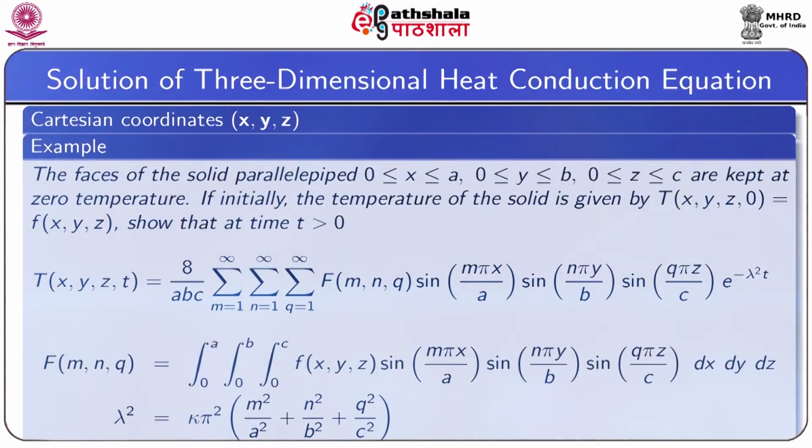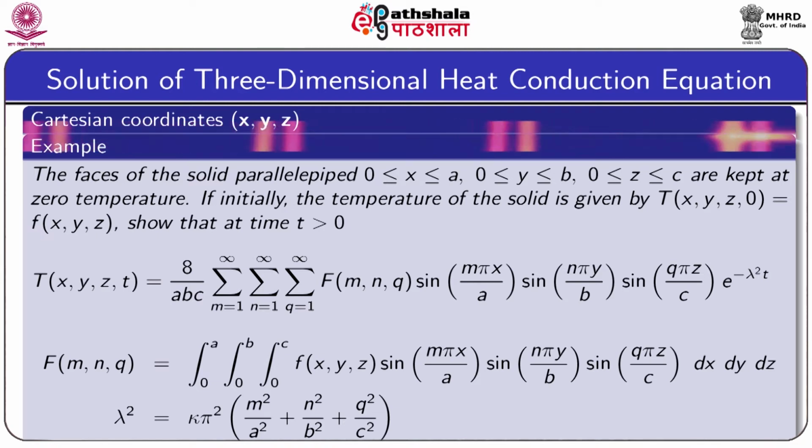Now we shall take a particular example where we need to solve a heat equation in Cartesian coordinates. In this problem, the faces of the solid parallelepiped, which are bounded by the walls x equals 0, x equals a, y equals 0, y equals b, and z equals 0, z equals c, are kept at 0 temperature, and the initial temperature is given by the function small f.